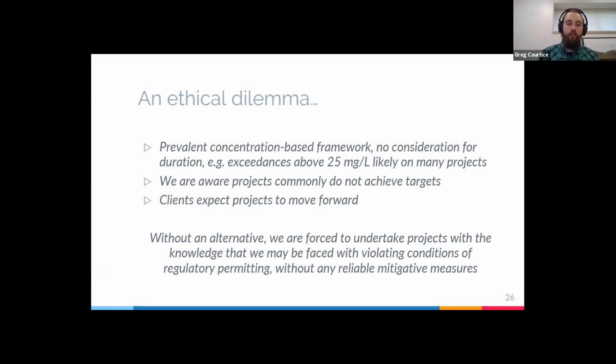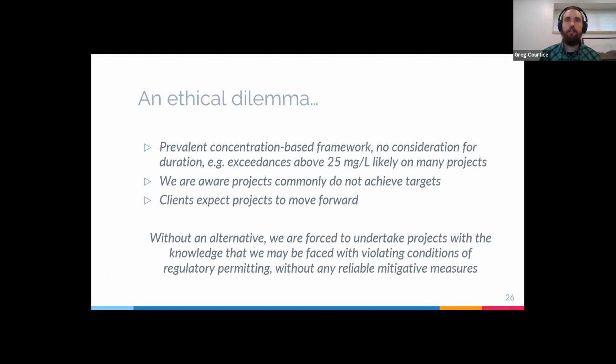So we are faced, knowing this, with a bit of an ethical dilemma given our current state of practice. For projects, we primarily are forced to use a concentration-based framework, and we don't really consider duration. And we're aware that we're likely not going to achieve these concentration-based targets all the time.